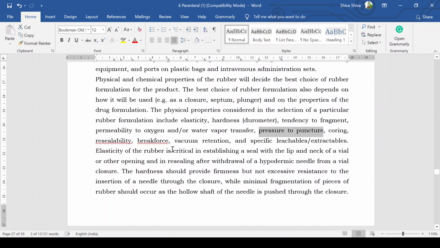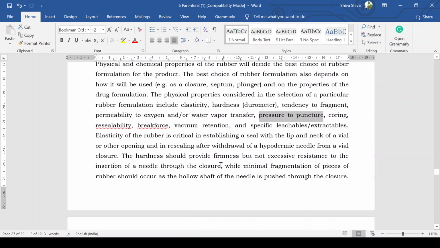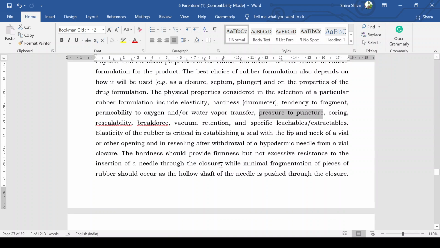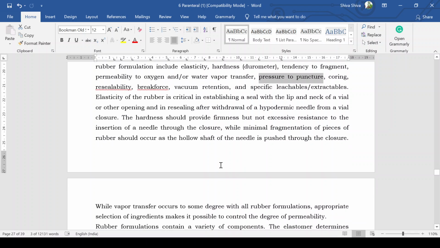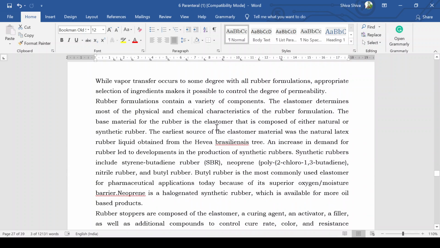The hardness should provide firmness but not excessive resistance to the insertion of the needle through the closure. हार्ड पण पाहिजे, पण निडल आतमध्ये जाईल याची एवढा हार्डनेस जास्त नाही पाहिजे. Minimal fragmentation of pieces of rubber should occur as the hollow shaft of the needle is pushed through the closure. जास्त प्रमाणात फ्रॅगमेंट्स तयार झाले नाही पाहिजे, कोरिंग झालं नाही पाहिजे.